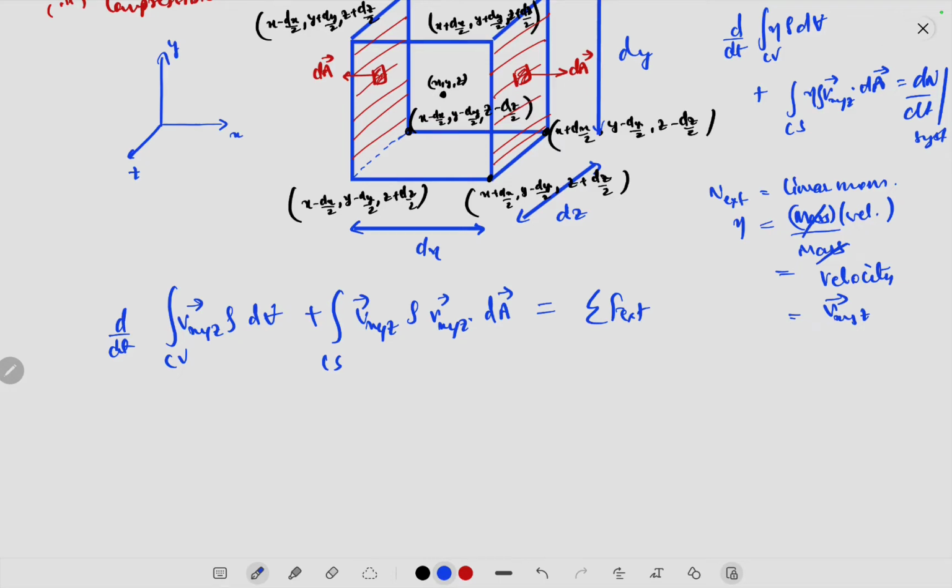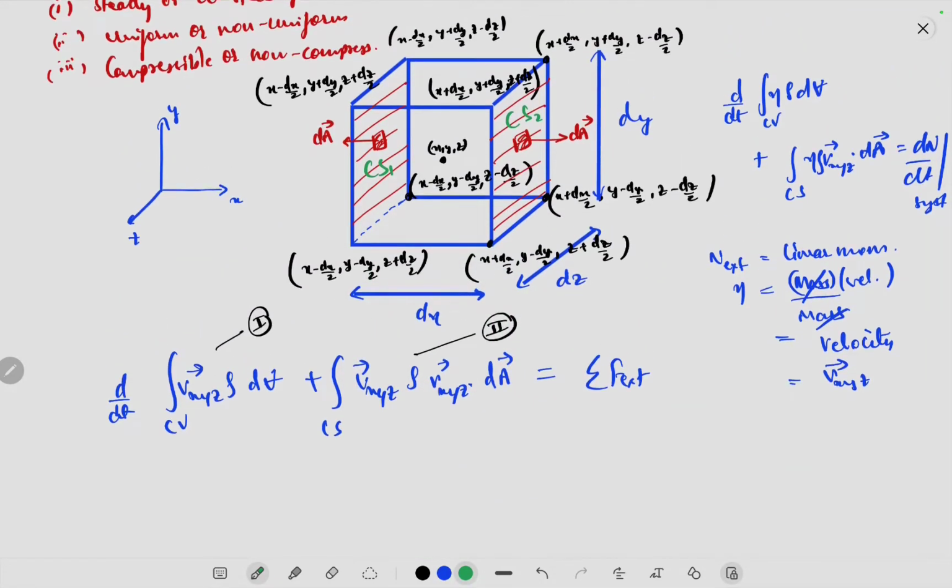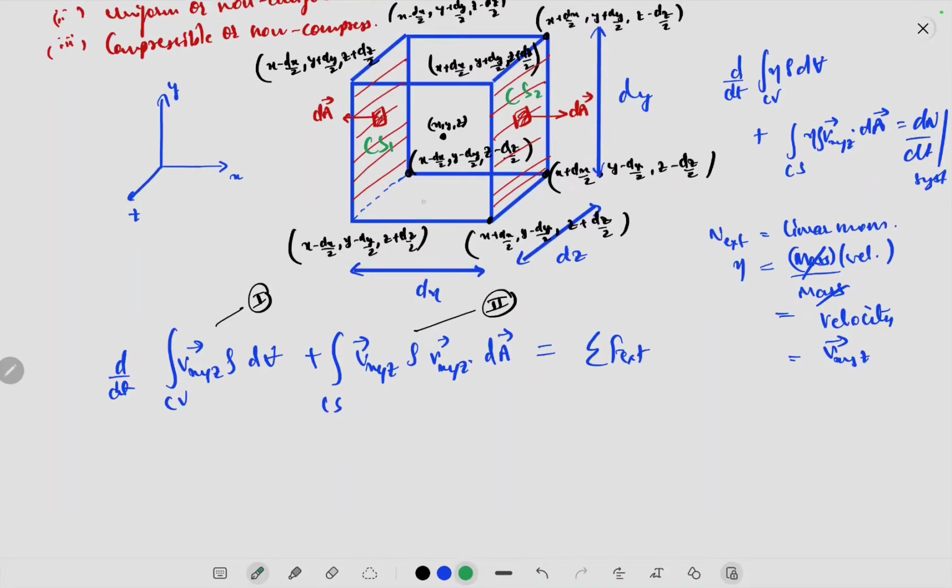Now just like we did for the previous case, let's consider this as 1 and this as 2, and define this surface as CS1, this as CS2, and the others as CS3. Following the sequence, this will be CS3, this will be CS4, the back portion of this is CS5, and the front side, which is this one, will be CS6.